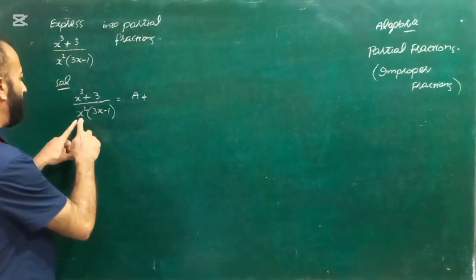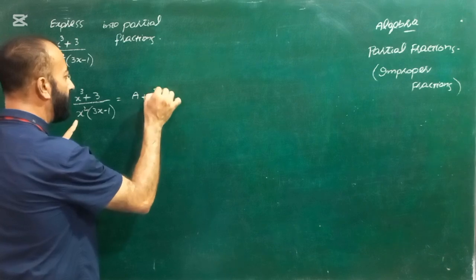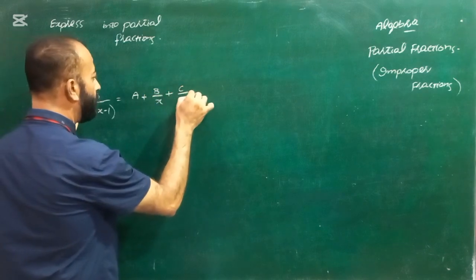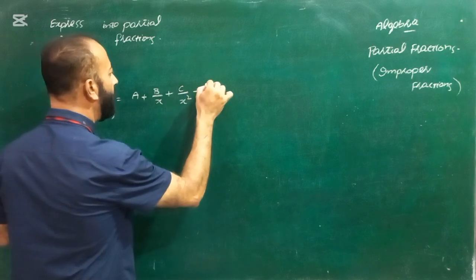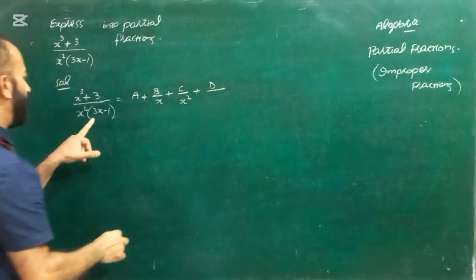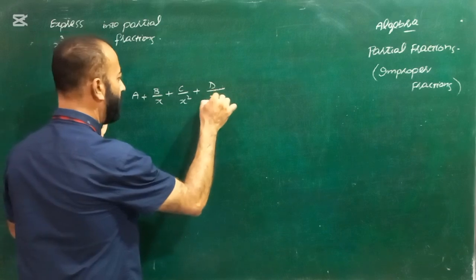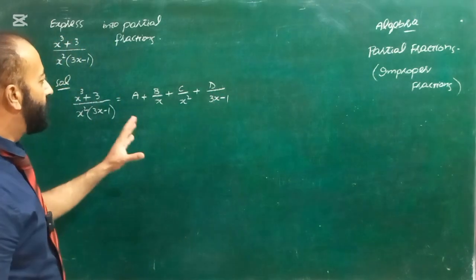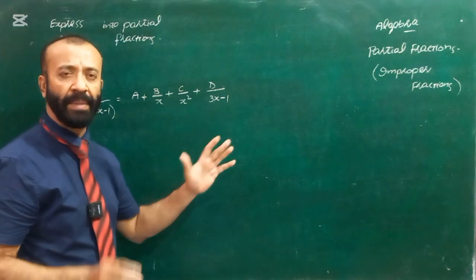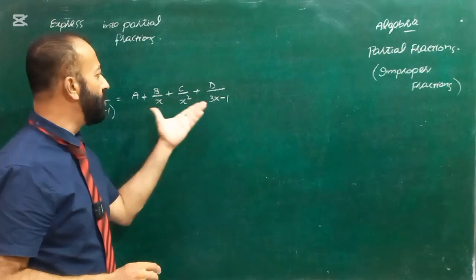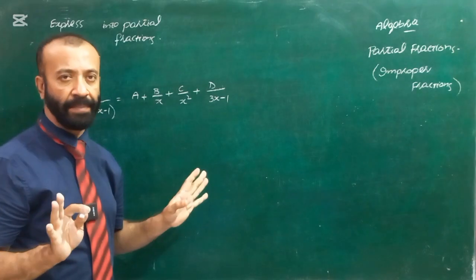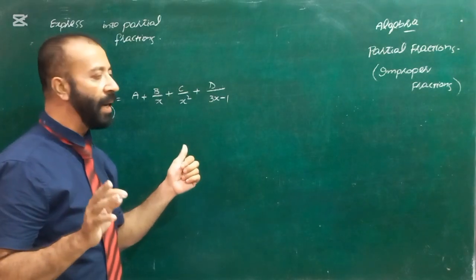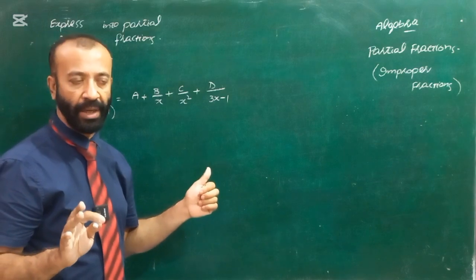So look now, B over x plus C over x square plus D over 3x minus 1. This is the first step, and from here you will take the LCM, then compare, and then put values into the expression. The same steps will be applied. The rest of the question you will do. I'm hopeful you will solve it, inshallah.